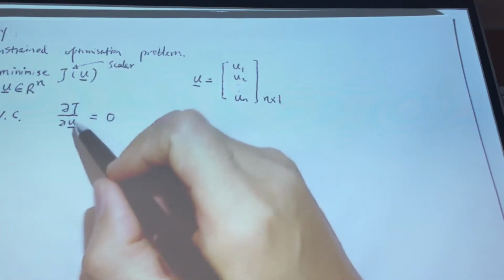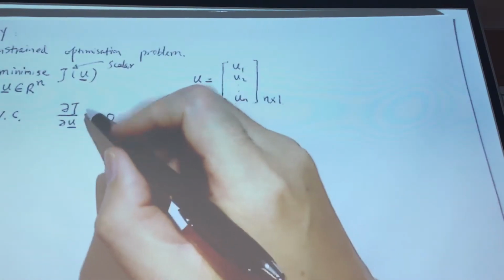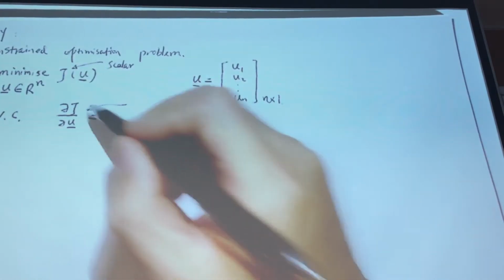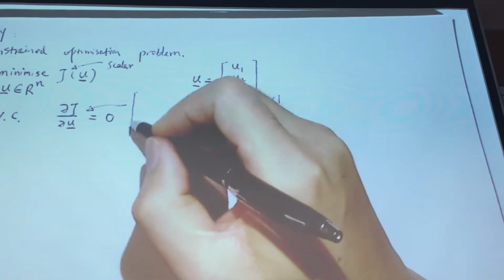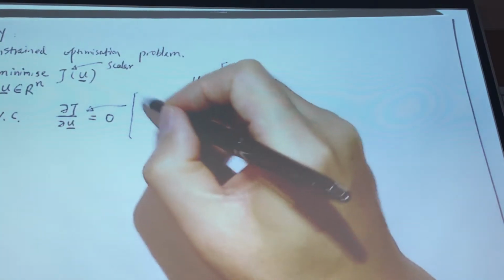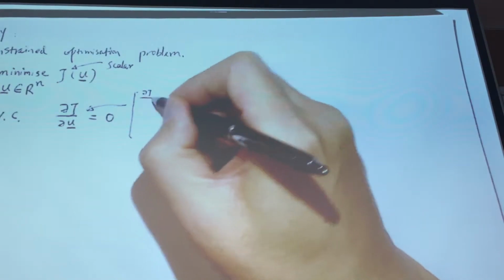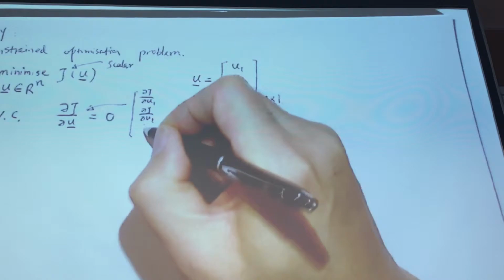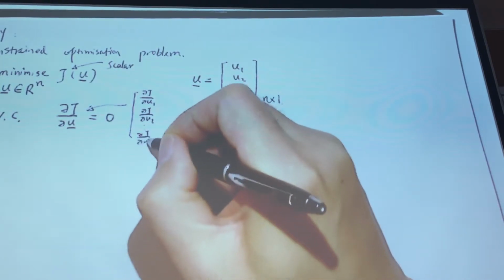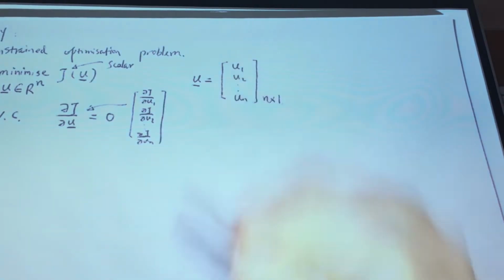In this representation, we know this gradient is given by a column vector. It's defined by dJ/du1, dJ/du2, up to dJ/dun.